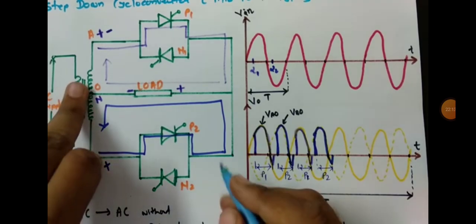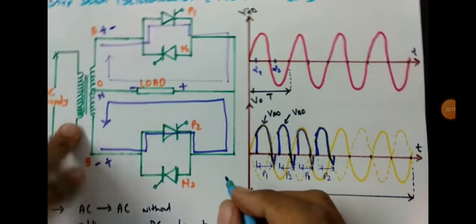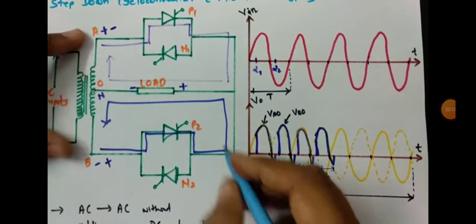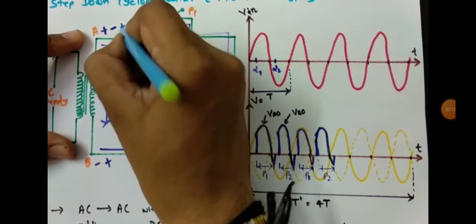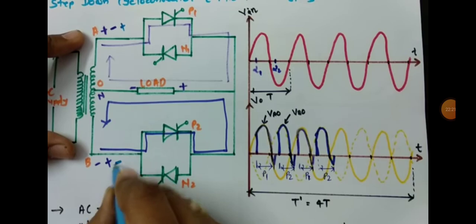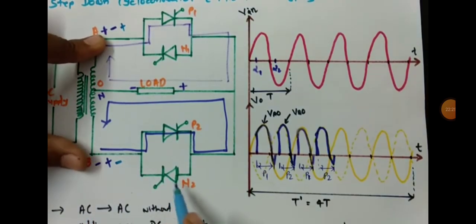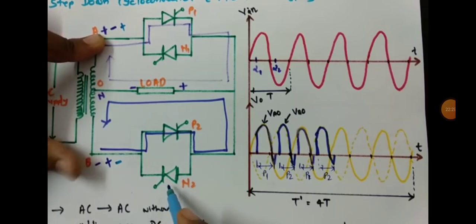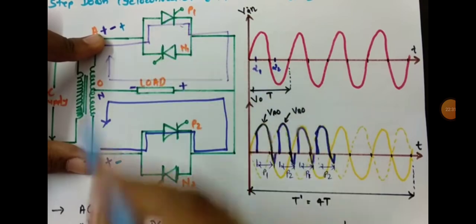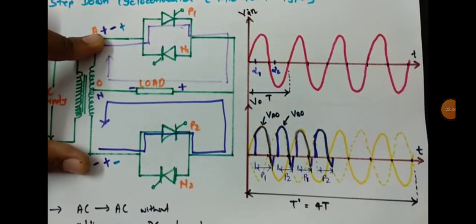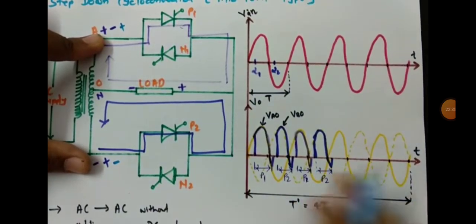During the positive half cycle, again at the input side A is positive with respect to B. At that time N2 will come in forward bias and P1 will come in forward bias. But if I want the negative half at the output side, I'll have to trigger N2.